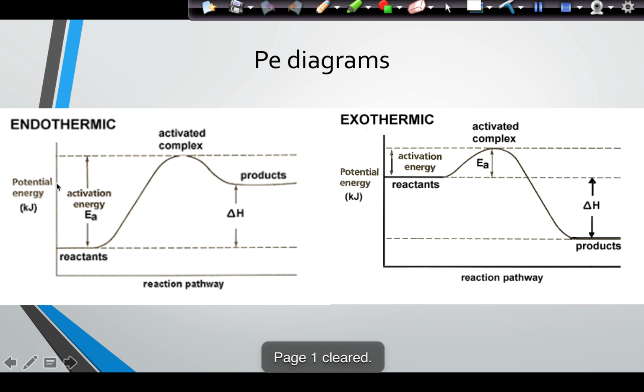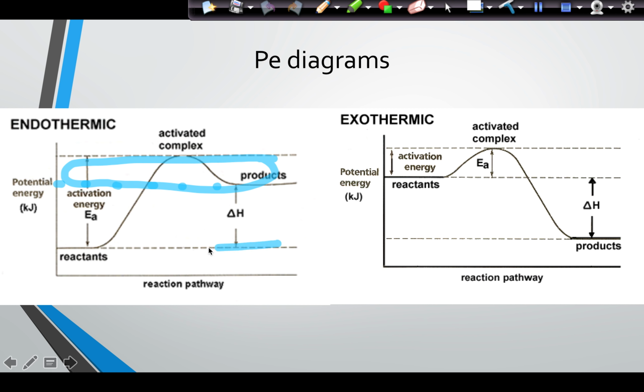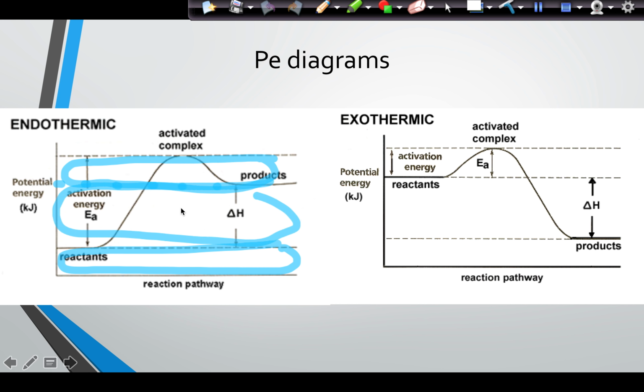And if we take our potential energy diagram and separate it into 3 sections, from the top to the products, to the reactants, and then the bottom, we have the top bun, the bottom bun, and then our middle part here, which is our delta hamburger.